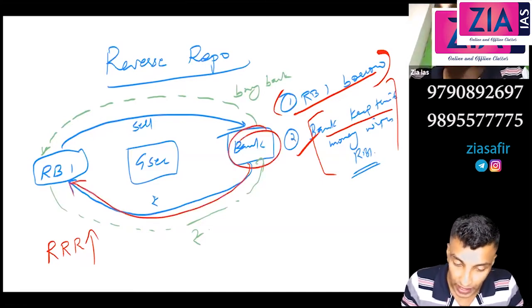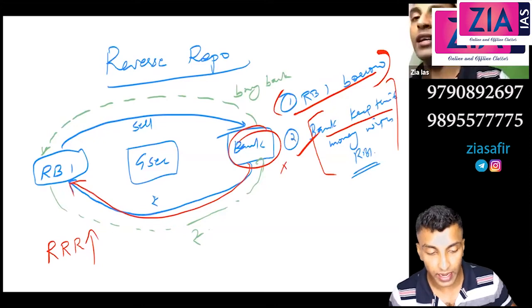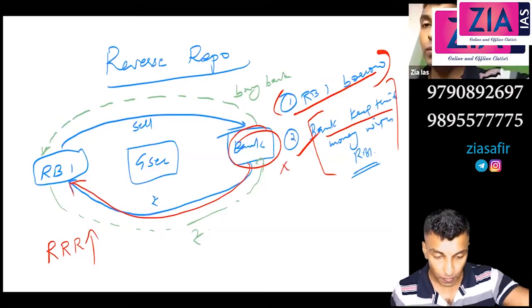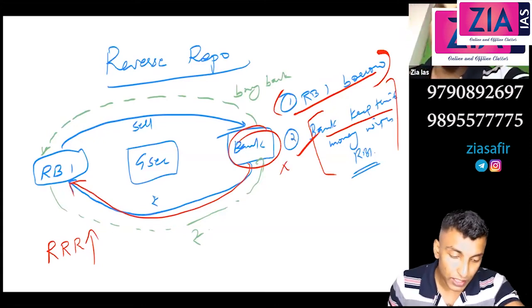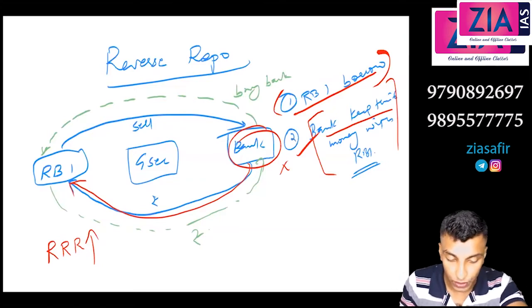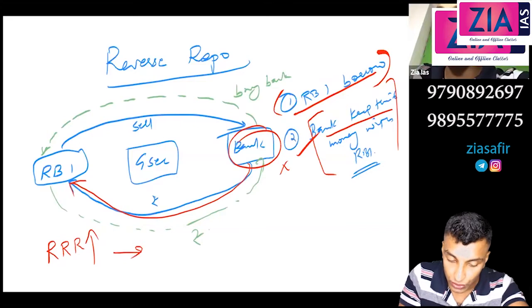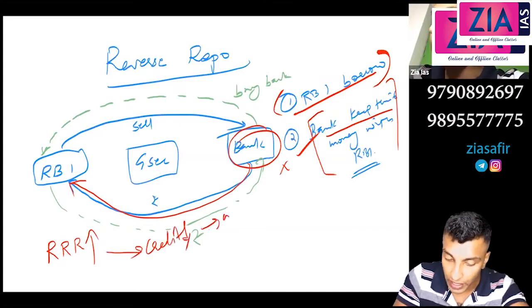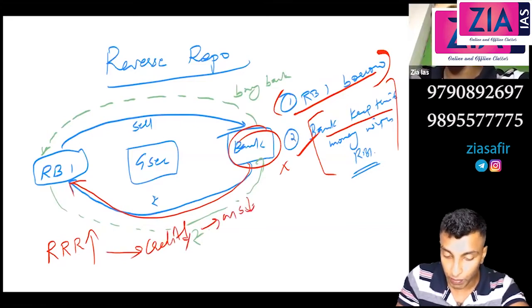When banks keep money with RBI, banks don't have money to lend, so credit creation capacity will be affected. That leads to a decrease in money supply.